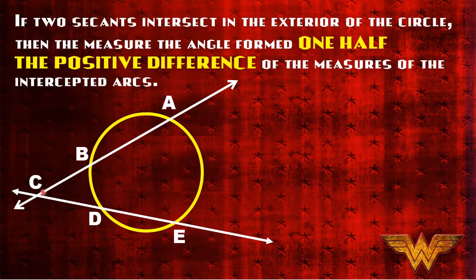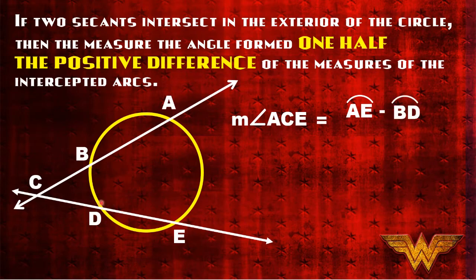If we are looking for the measurement of this angle, angle ACE, or also called angle BCD, it is equal to the intercepted arc AE minus the intercepted arc BD, divided by 2.